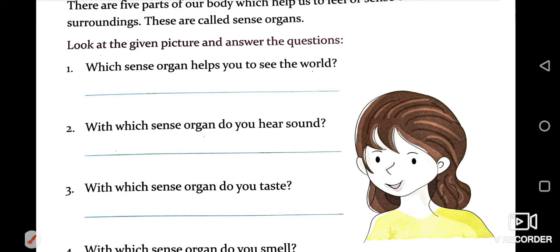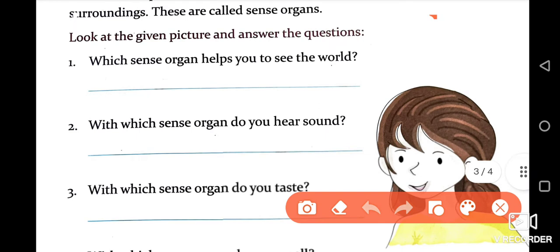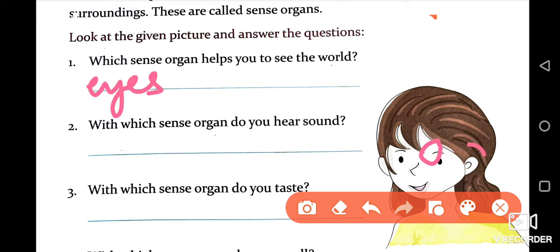Now observe this picture carefully, and then we'll discuss the questions given to us on the left hand side. Which sense organ helps you to see the world? With which organ do you see around yourself? Yes, these are eyes. So we will write eyes. With which sense organ do you hear sound?